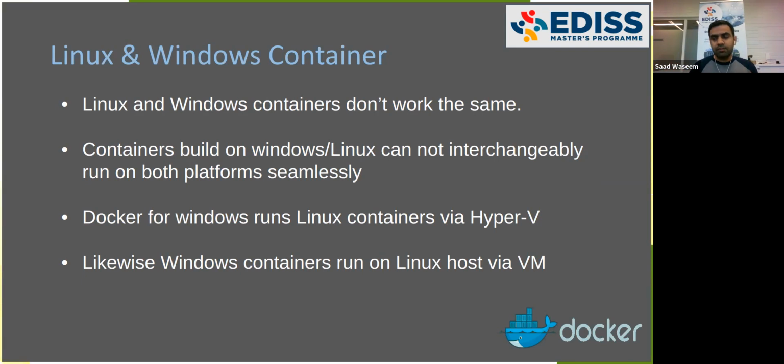And similarly, if we are working on, for example, a .NET-based application, that application will eventually be deployed in a Windows environment, and in the case of containers, that could only go into Windows containers. So if the Windows containers need to run in terms of interchangeable and cross-platform compatibility, we need to again run a VM on Windows.